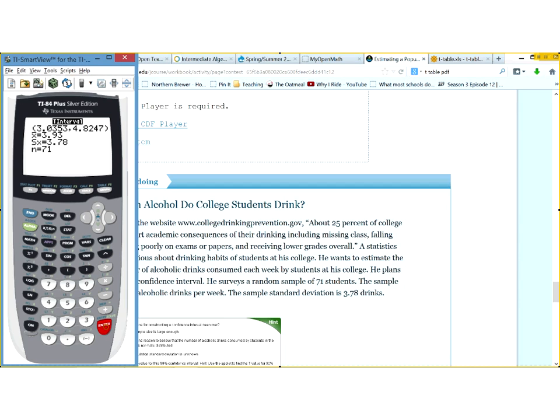The requirements for using the t-distribution are the same as the normal distribution. And now I see that we can be 95% confident that the mean number of alcoholic drinks per week for all college students is somewhere between 3.04 and 4.82 drinks per student.